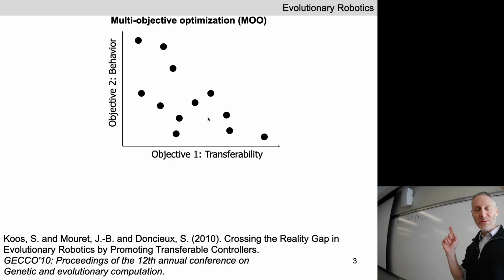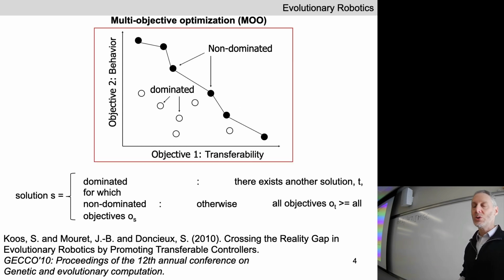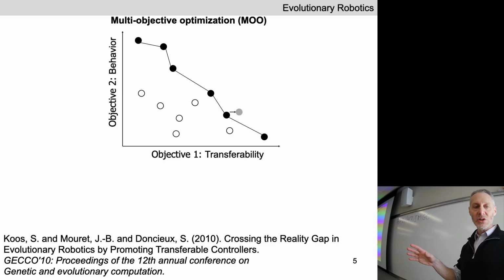We came up with this visualization to represent or build up our intuition for how multi-objective optimization works. The basic idea is we're going to compute dominated and non-dominated solutions. A dominated solution, or dominated controller, is a controller that is dominated by some other controller in the population. There is something else in the population that is better than you at all the objectives, in this case, 2. Dominated solutions are deleted.